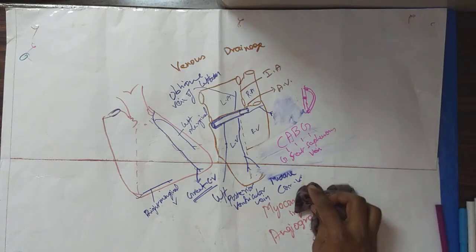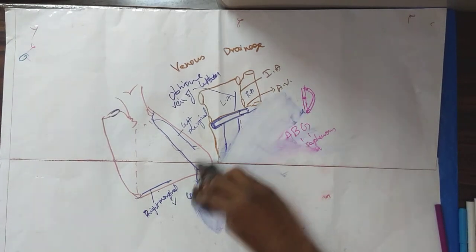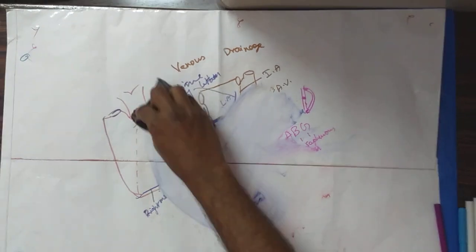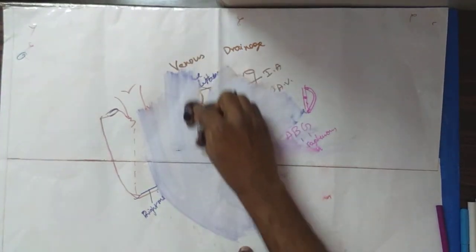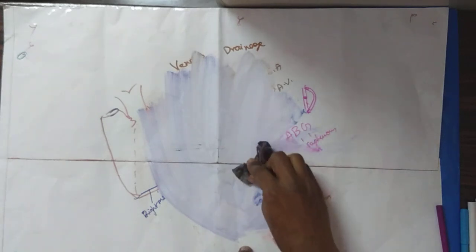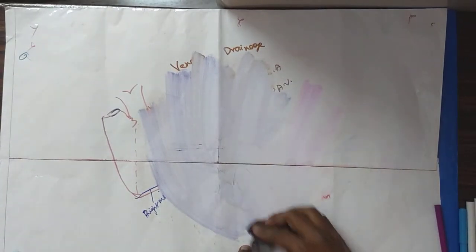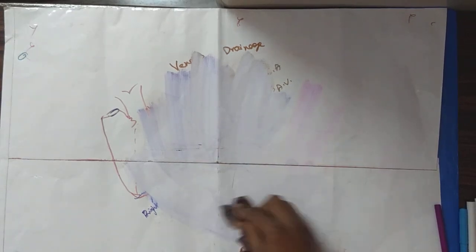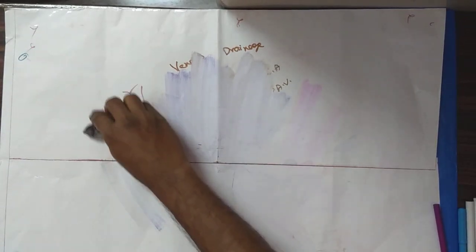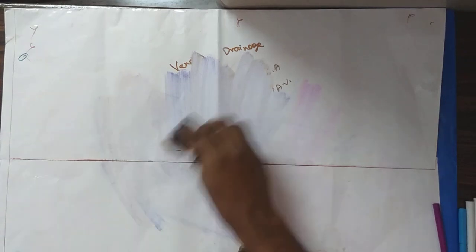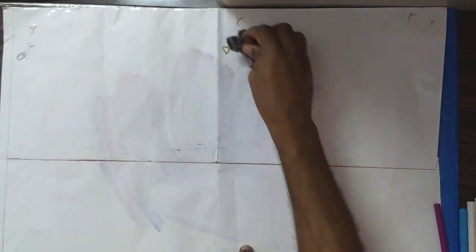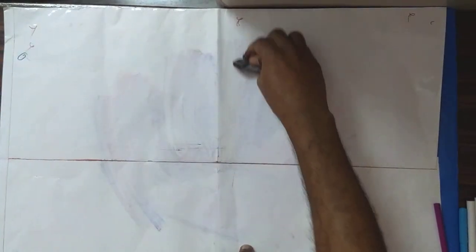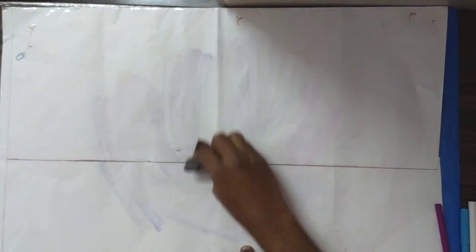So winding up, the major arteries supplying the heart: the right coronary artery, which comes from your anterior aortic sinus, from the ascending aorta, related with the three cusps around the ascending aorta opening.